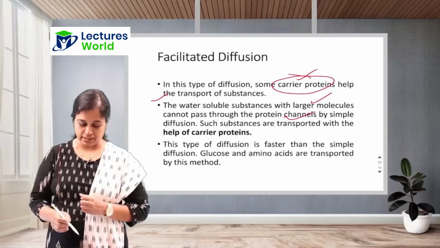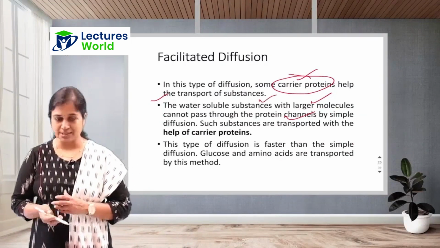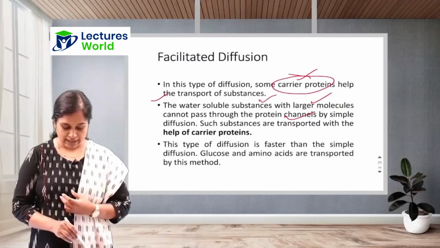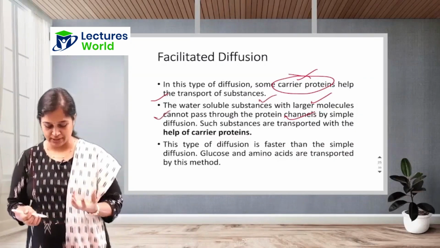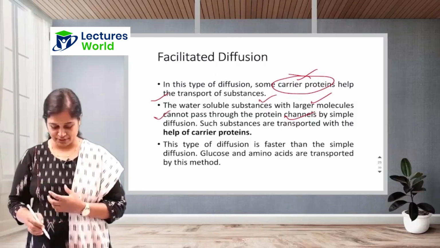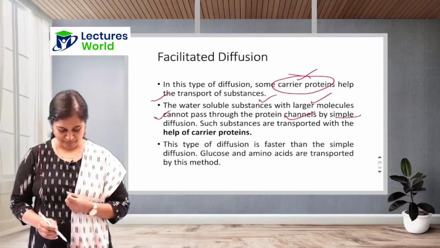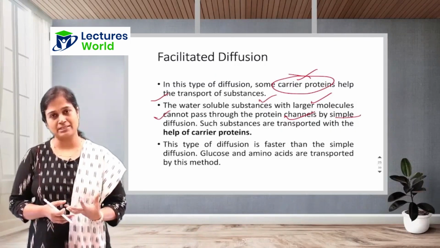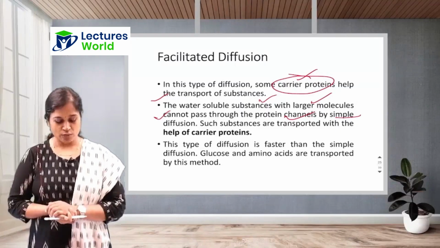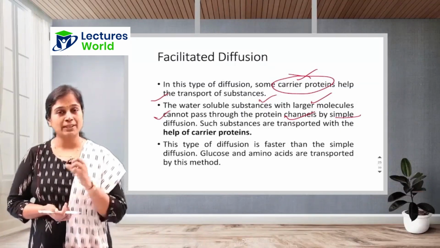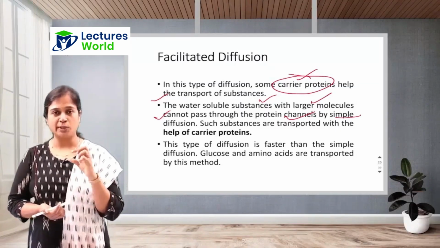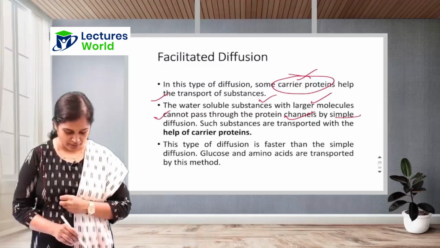So what happens here, the water soluble substances with larger molecules cannot pass through the protein channels by simple diffusion, right? That we know, what is simple diffusion. And the substances are transported with the help of carrier protein. In that case, the large molecule needs the help of the carrier protein.